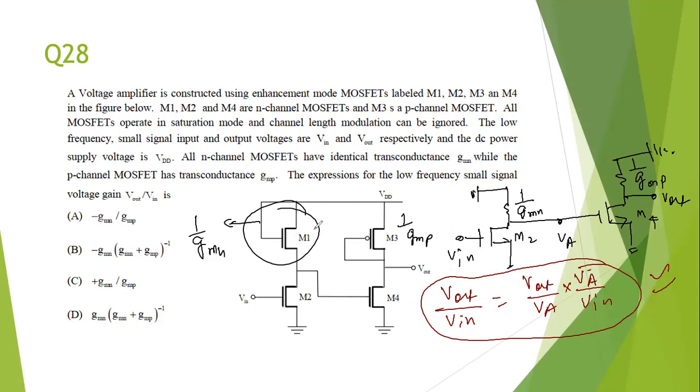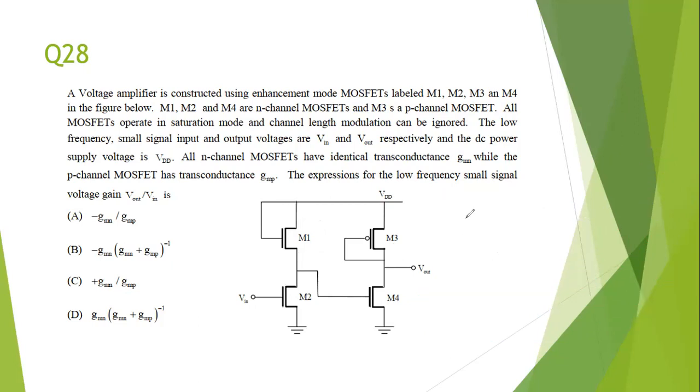So VA upon V input: just replace with its equivalent resistance. Here we have plus minus Vi, that is the VGS potential. The source terminal is GMN into VGS, and this resistance is equivalent 1 upon GMN.